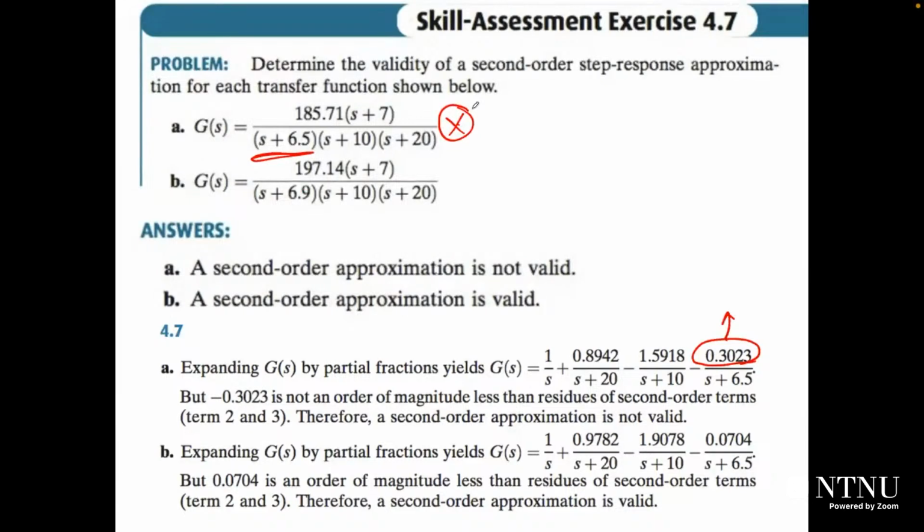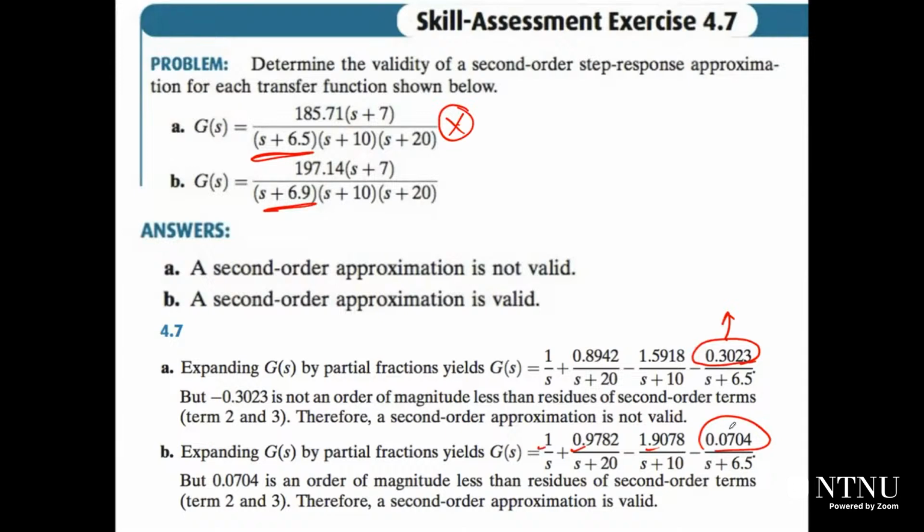We will do it also for system B. And when we do it for system B, we will find that the residue from the pole at S equal minus 6.5, that part, is equal to this small number, 0.07. And of course, 0.07 is much smaller than 1. It's 10 times less, right? No, it's more. In fact, it's maybe 100 times. Correct? So it's much smaller than this one, much smaller than this one, much smaller than this one.